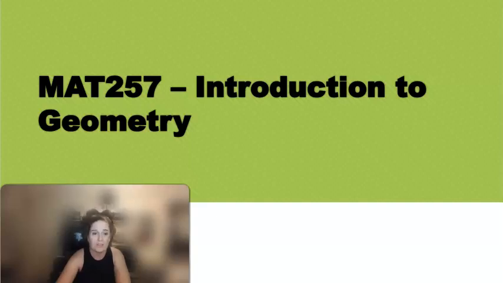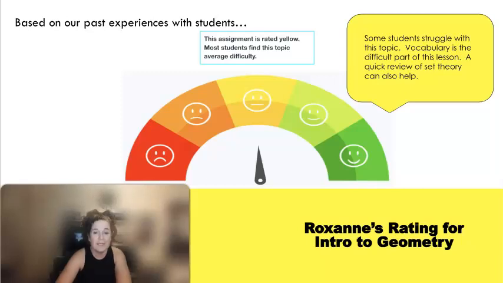So let's look at what it's rated. It's rated a yellow. However, it's probably a yellowish green, so closer to the easier end of the spectrum, depending on your experience and memory of vocabulary and set theory. So it's not the proof geometry from your high school.